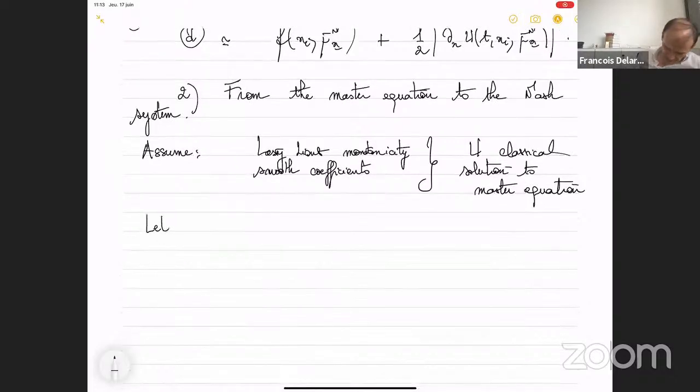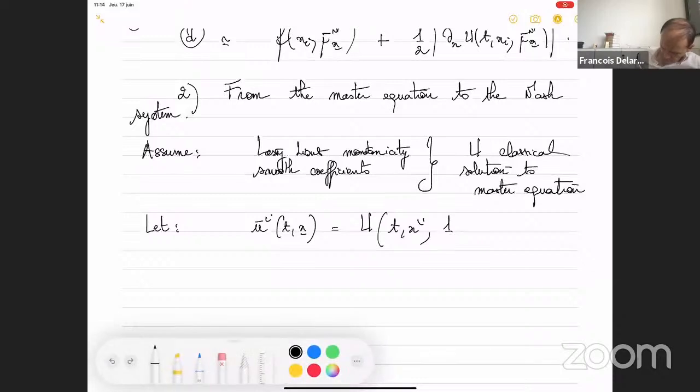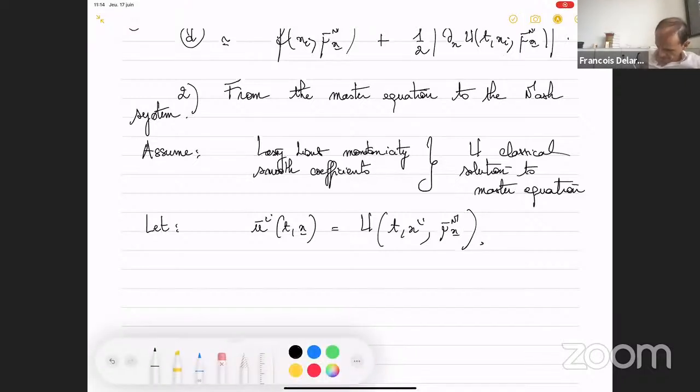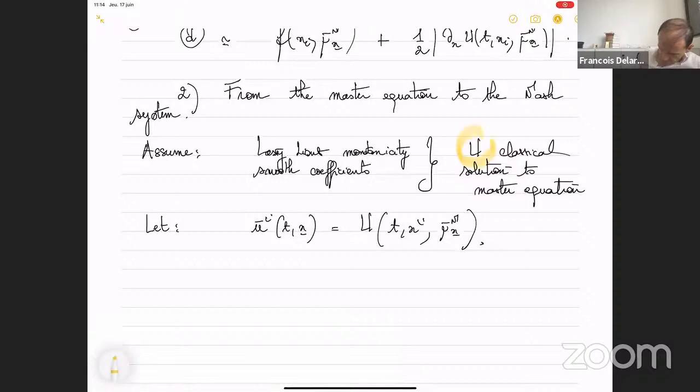So you let u bar i t x underline be u t x i, 1 over n, or maybe directly easier, mu bar n x underline. So really, if the computations are too difficult, which certainly I would understand, you have to understand that here we do the converse.